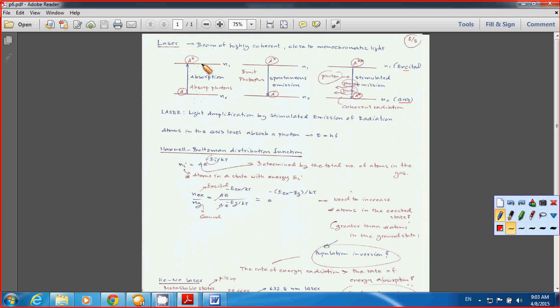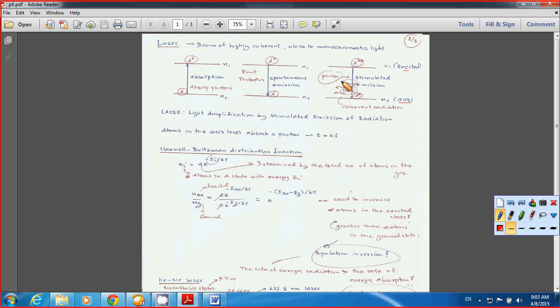And you're also probably familiar with spontaneous emission. What does it mean? It means that the higher-energy atom or electron is going to try to come back to the lower energy level, so it's going to emit a photon, or in terms of light.